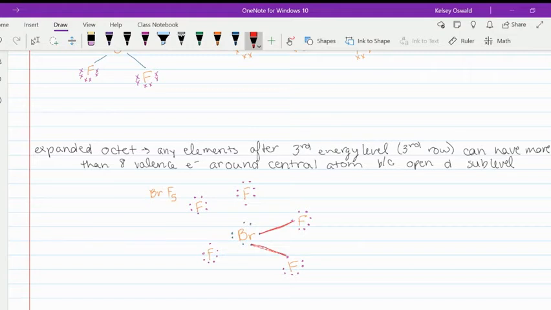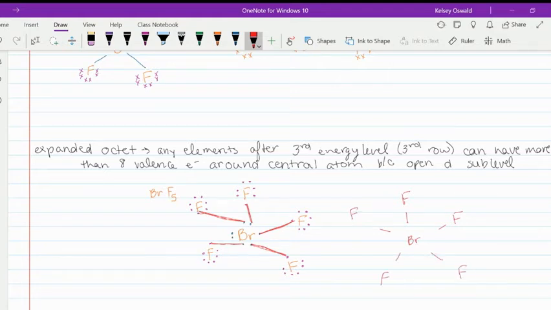Okay, because we need to share electrons in order to form those bonds. Okay, so each fluorine is going to need 1 more electron, so it's going to share with 1 of bromine. Okay, so when we do this then, we end up with 5 fluorines singly bonded to that central bromine.